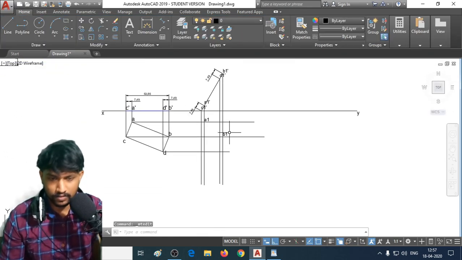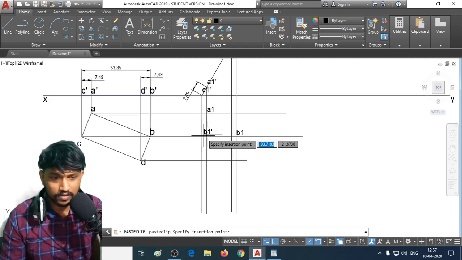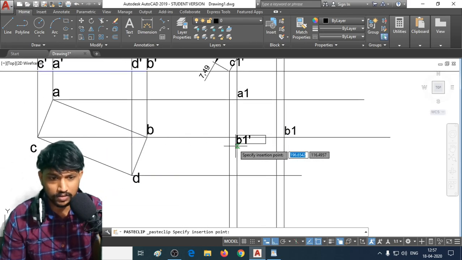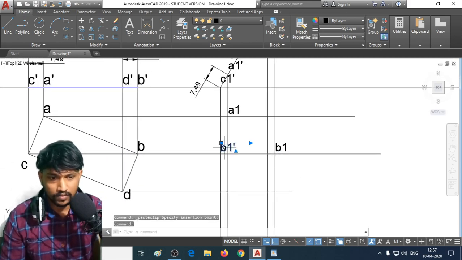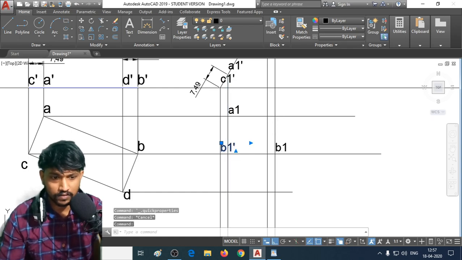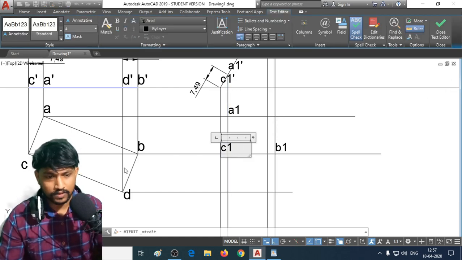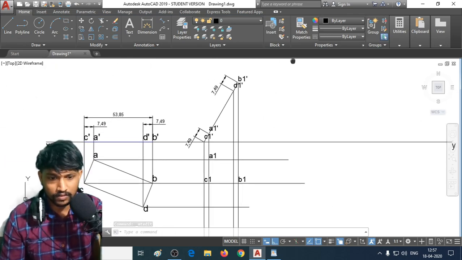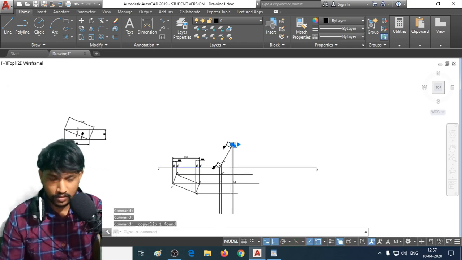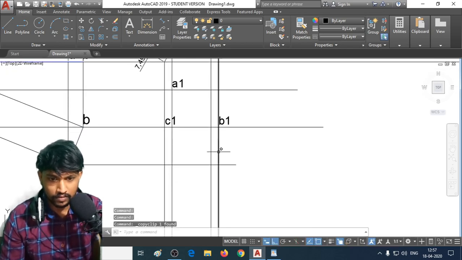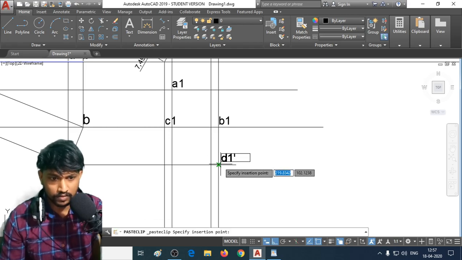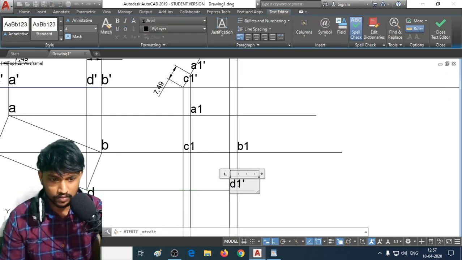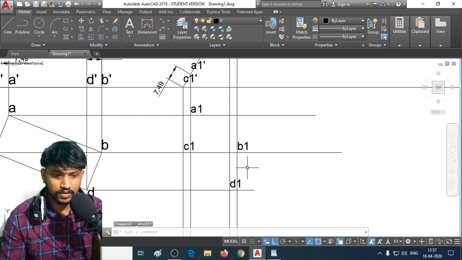Now similarly, wherever C projection and C1 dash projection are going to meet, I'm going to write it as C1. Now similarly, D. This is just D1.